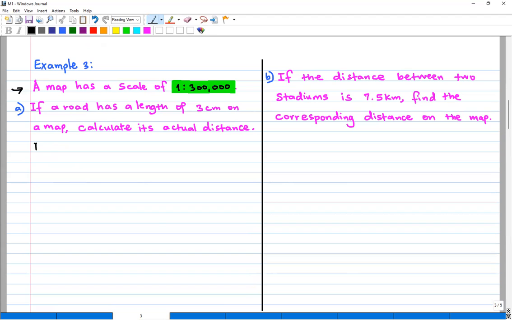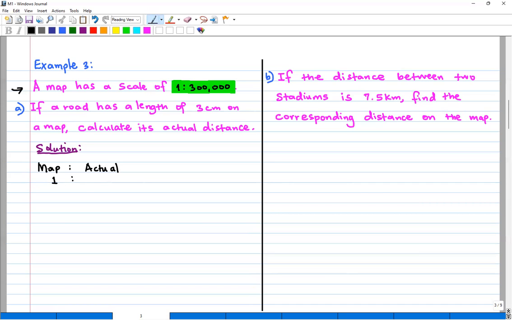We have the distance on the map to the actual distance, the real distance. Let's show that we are doing the solution. Now, we have 1 and 2.